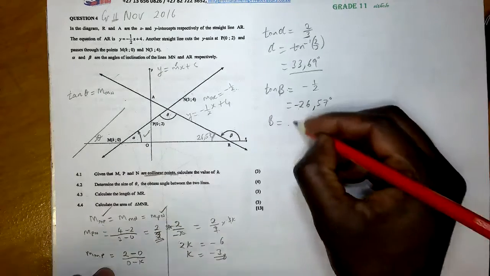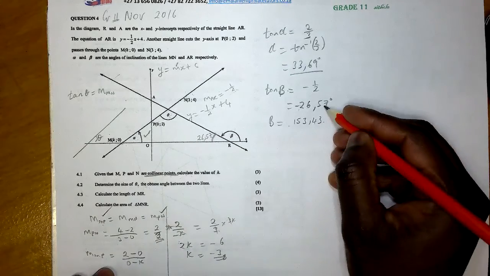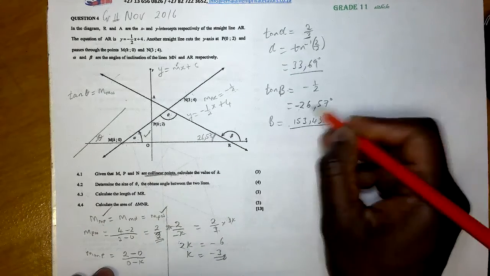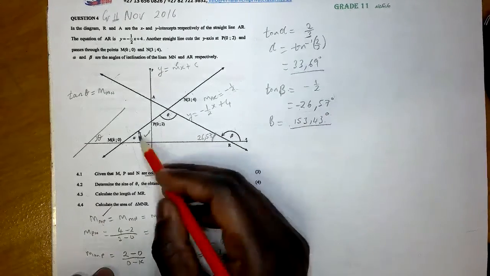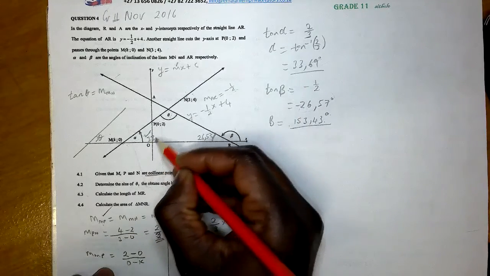So we get 153.43. But remember what we want here is this angle, 26.57. So we have got two of our interior angles here. One is 33.69.